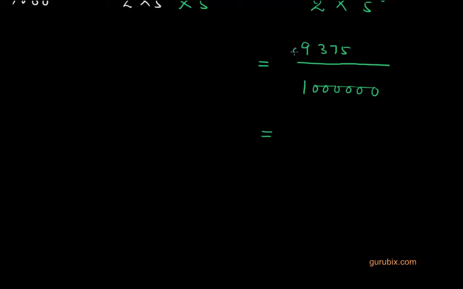So we shall put 3 zeros before this 9375 to make 7 digits in numerator, and here is 7 digits in denominator. Now because there are 6 zeros in denominator, we shall count from right to left, like this: 1 2 3 4 5 6. So we shall put our decimal between these two zeros. So this is 0.009375. This is our answer.